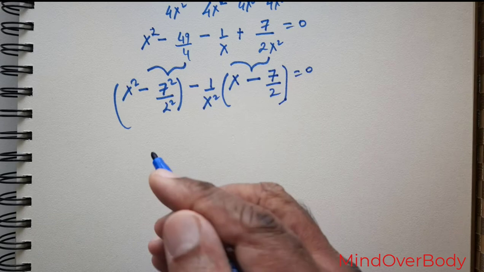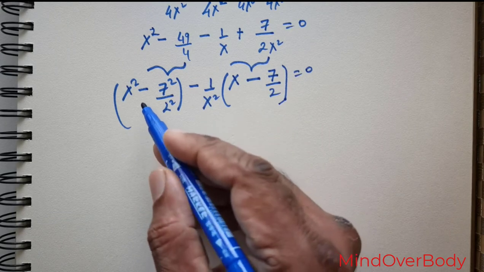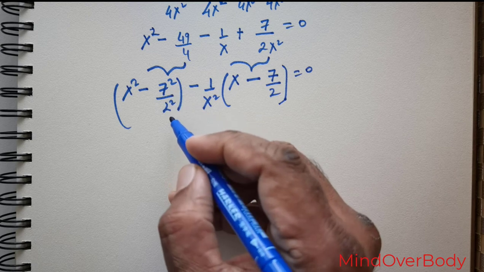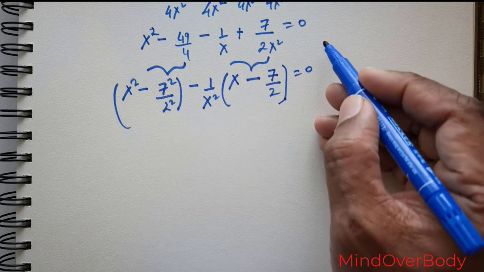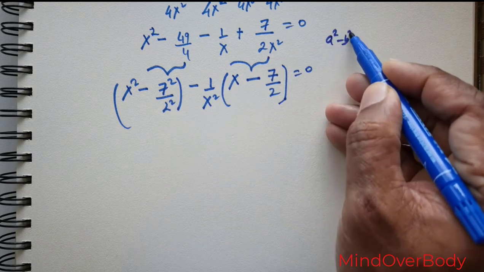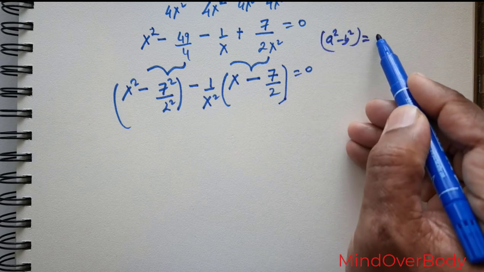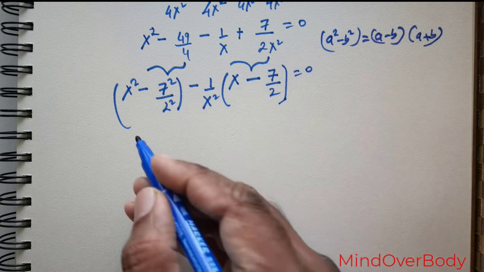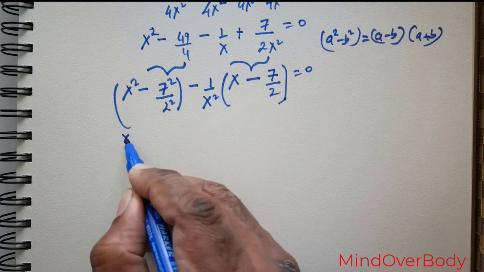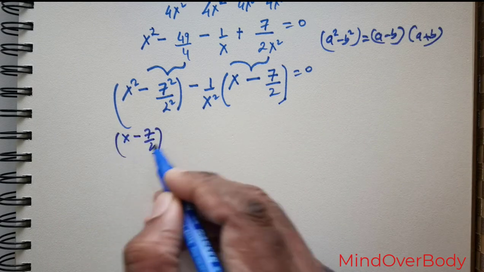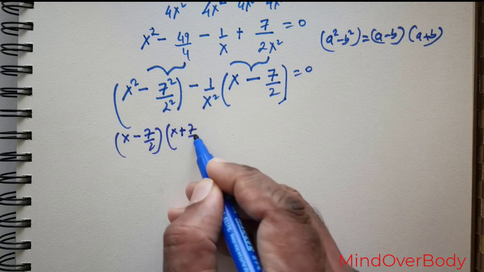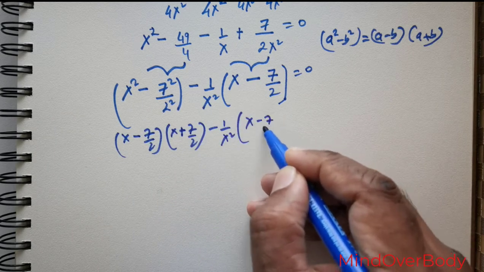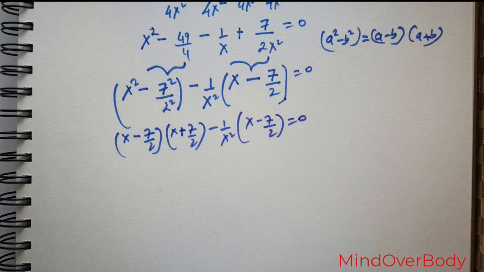Now I would like to rewrite x^2 - (7/2)^2 using the formula a^2 - b^2, which is (a - b)(a + b). That gives me (x - 7/2)(x + 7/2) - (1/x^2)(x - 7/2) = 0.